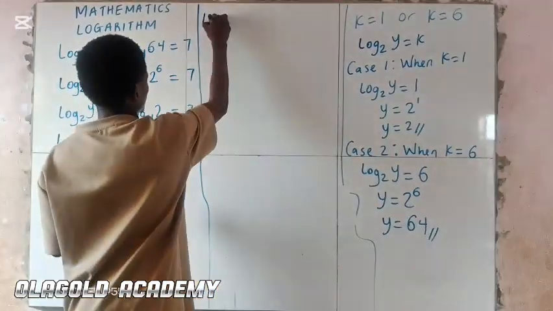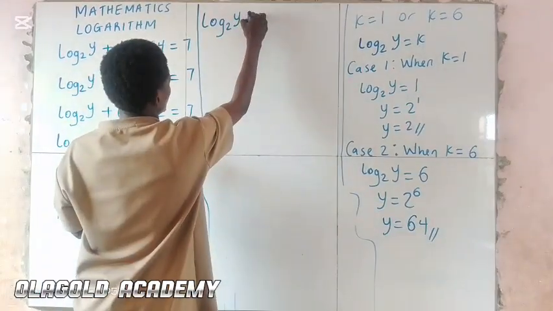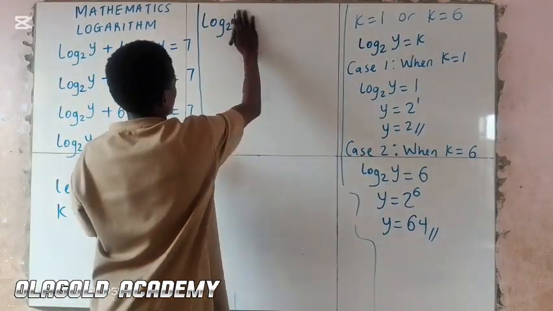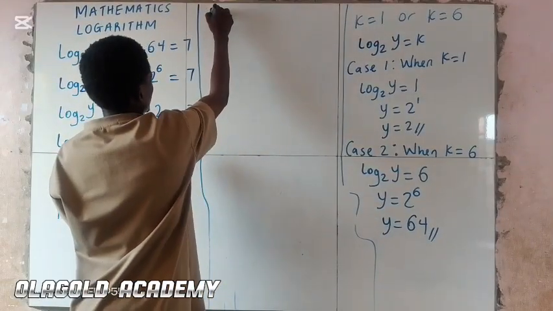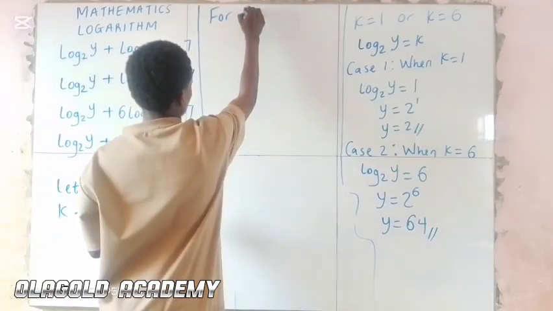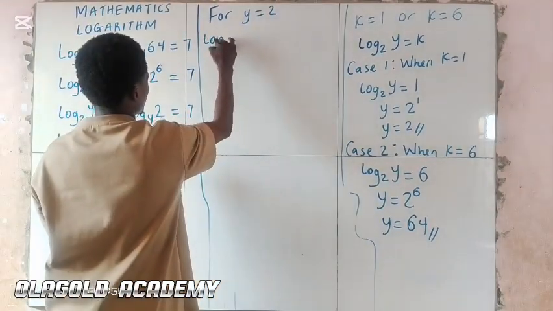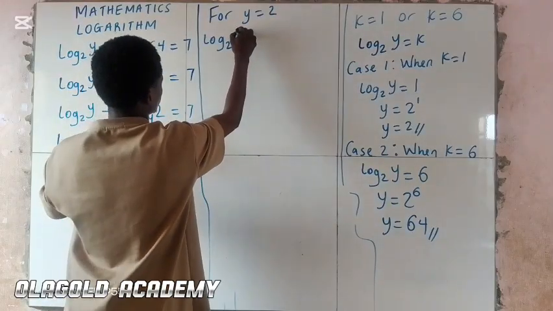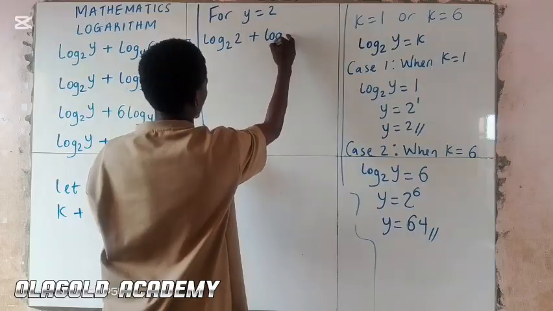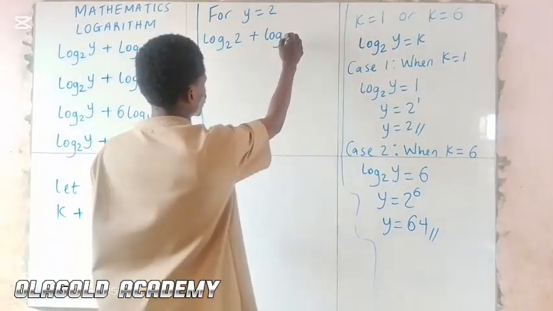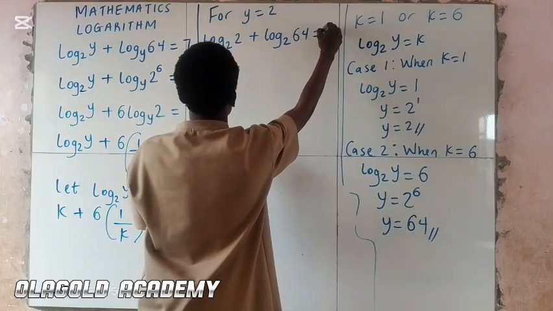Now, log 2 of y plus, let me just input the values there. For y equals 2, I'm going to have log 2 of 2 plus log 2 of 64.